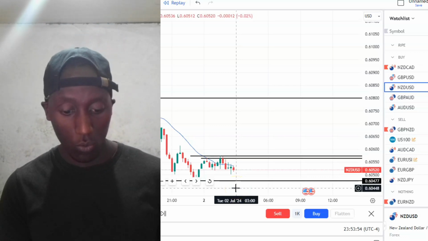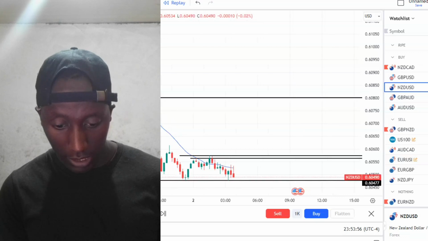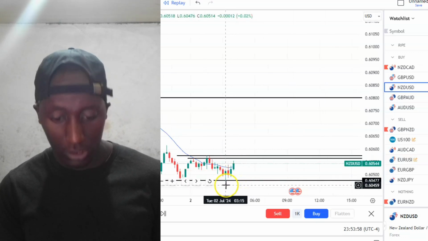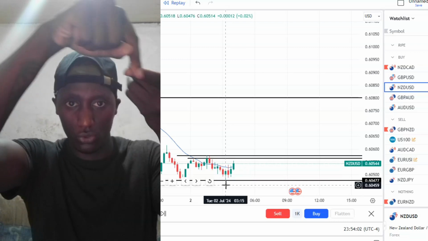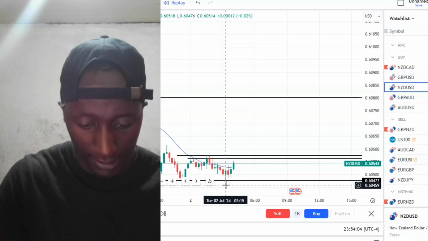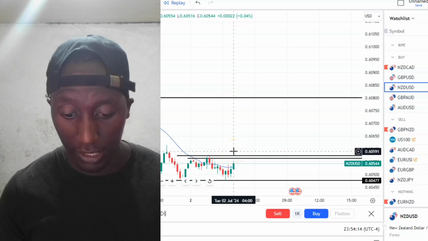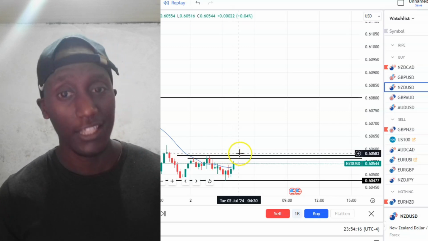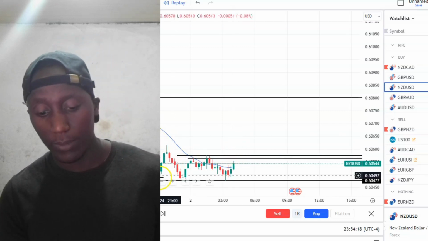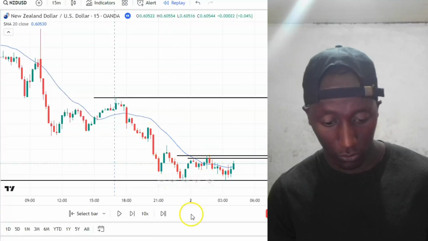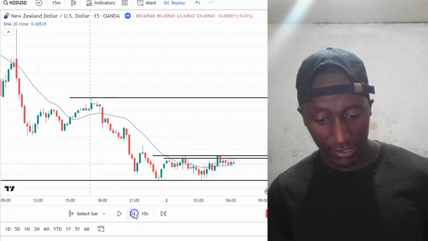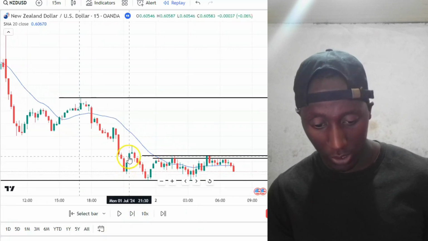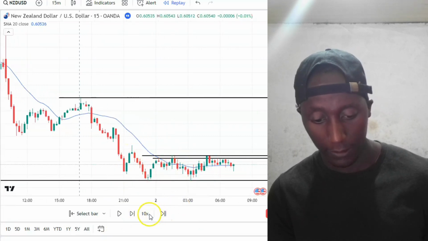This pin, even though it's very small, did trigger that low, and so I count that as a stop hunt. Also I'm thinking, if we break above this level, then this is a head and shoulders pattern that is forming. So what happened? Price just consolidated, and this one is a head and shoulders pattern, very clear.